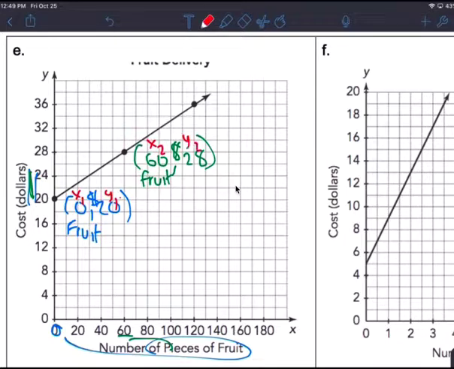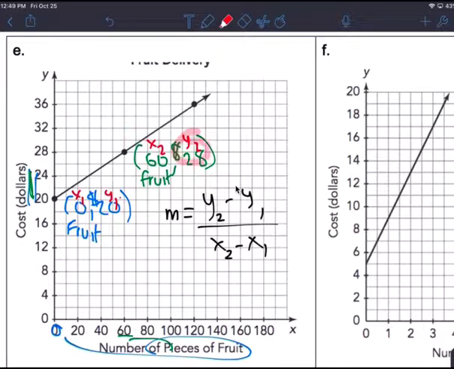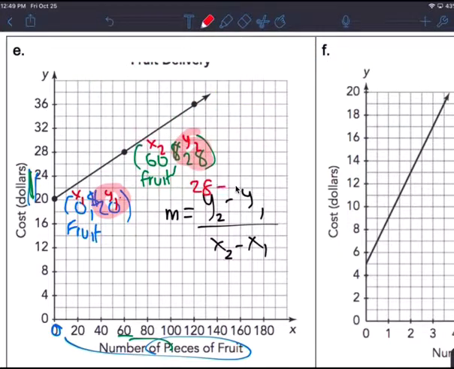Okay, so this is x sub 2, y sub 2. Formula for slope is y sub 2 minus y sub 1 over x sub 2 minus x sub 1. Okay, so y sub 2 is 28 minus 20. And these are dollar amounts. Notice dollar with dollar, that's all you can subtract with. You get $8.